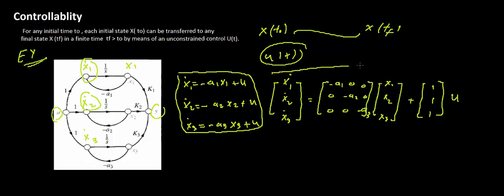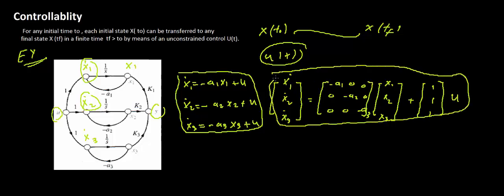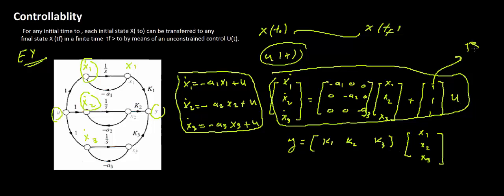So we have this state equation here. For the output equation, y equals k1 times x1 plus k2 times x2 plus k3 times x3, so we can write it as k1 k2 k3 times the same state vector x1 x2 x3. As you can see, the control input matrix is 1 1 1, the control vector B. We call these the A matrix, the B matrix, and the C matrix.